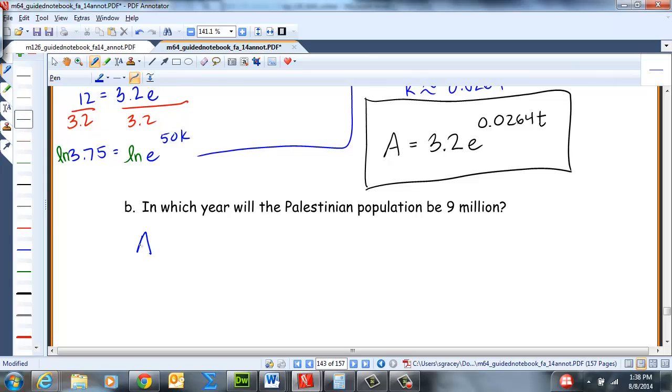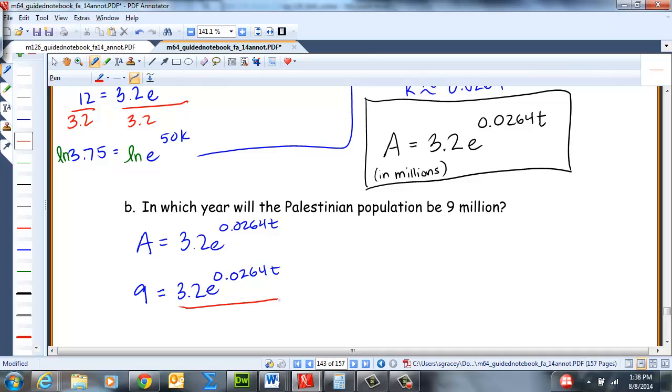So our model is A equals 3.2 e to the 0.0264 t. So in for A, we're going to put 9. And we probably should have put here in millions. Okay, so 9 is equal to 3.2 e to the 0.0264 t.